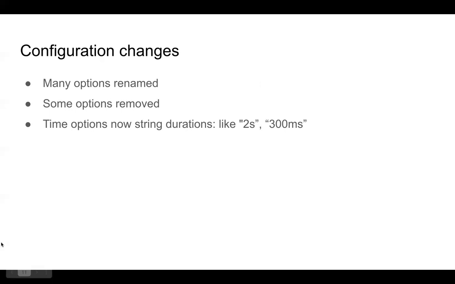So if you want to configure a Redis timeout, for example, you previously used integer or float notation. Now you need to use a string, so just 2s, which means 2 seconds. The full list of changes will be in the migration guide, so we won't spend a lot of time on configuration here.